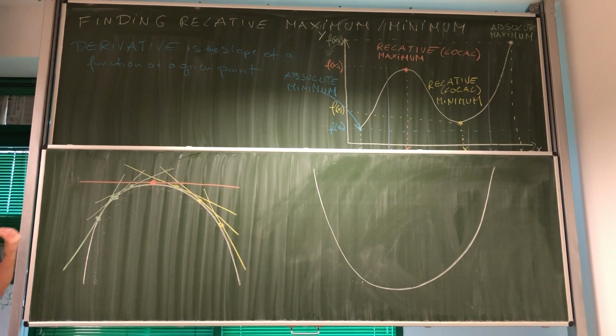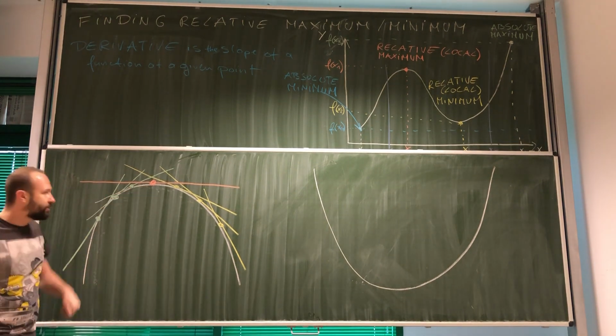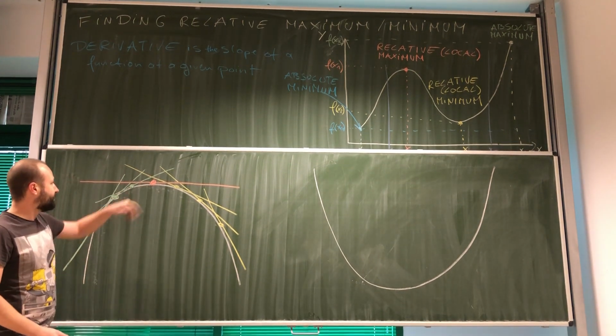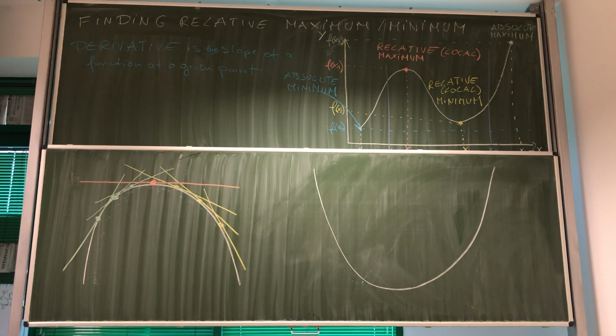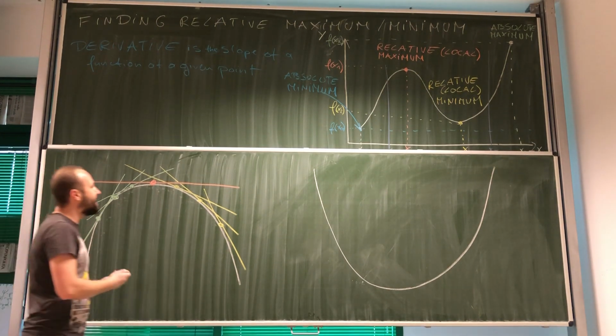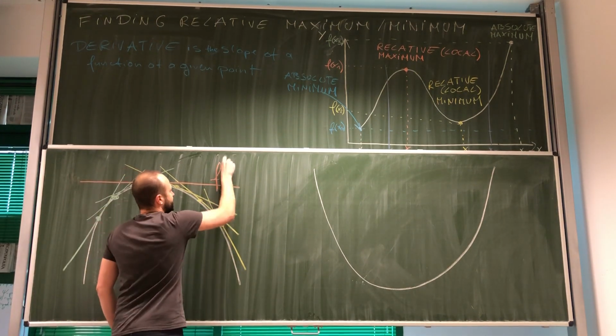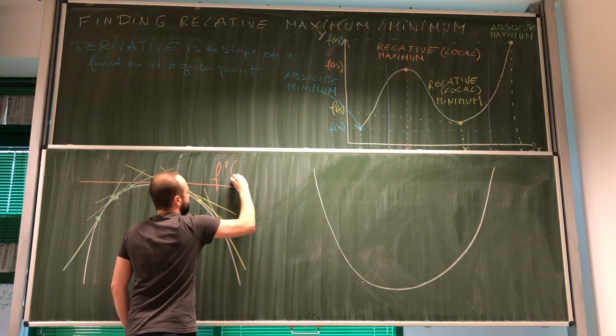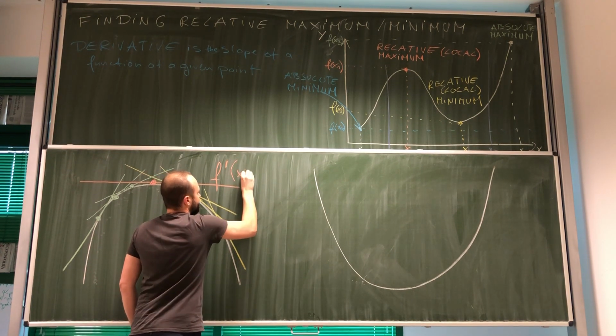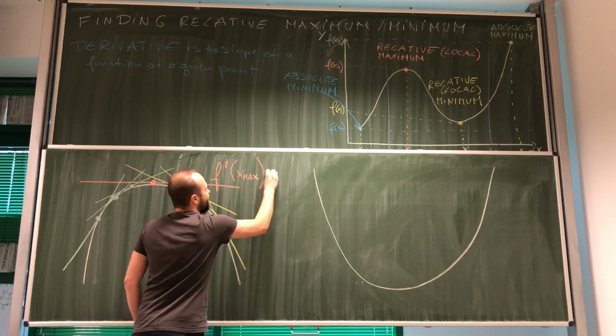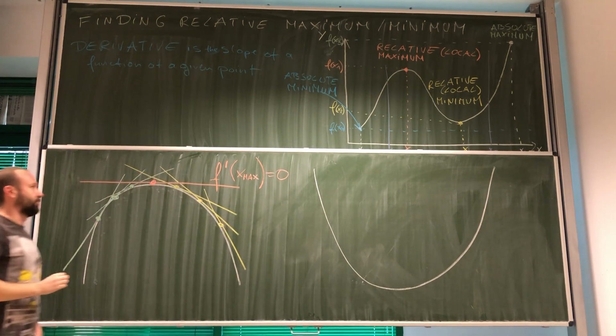And this is telling us that the value of the derivative at the top of the hill, at the maximum, let's call it x maximum, must be equal to 0.